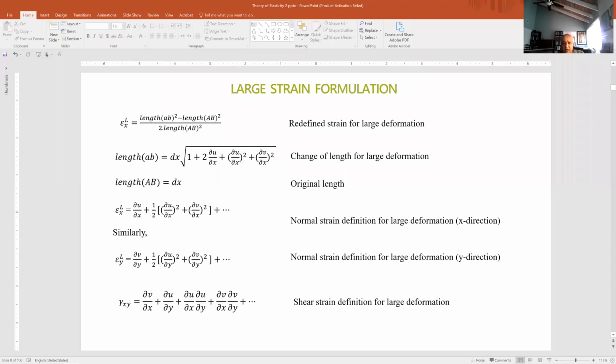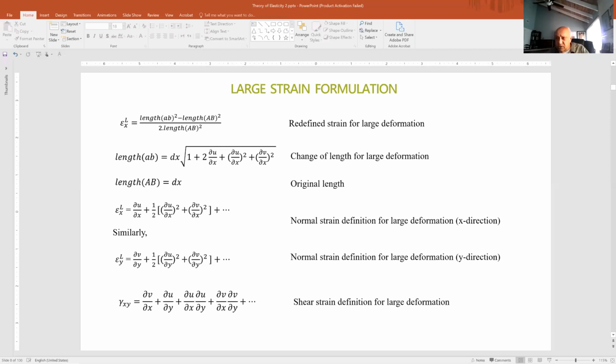Specifically, if you're running finite element software, you will see boxes asking you, is this a small displacement? Is this a small strain? You can check those boxes and jump from the simple linear small strain, small displacement case to large strain or large displacement cases, and the formulation will be different.